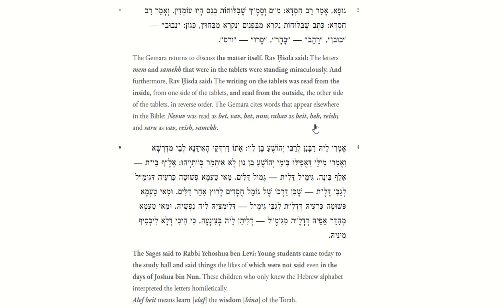Of course, these aren't pointed or anything. So Rahav would be read as Bahar, or Saru would be read as Varosh, yeah, Varosh, maybe. I don't know. That's funny. I'd have to track some of this down a little more. It says the Gemara cites words, so I think this is probably discussed elsewhere.